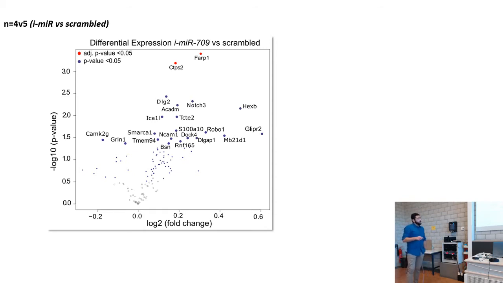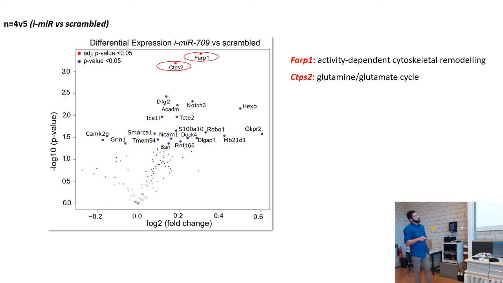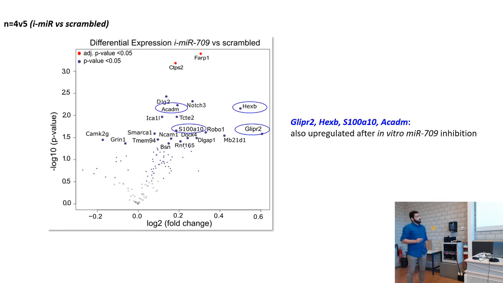So we tested these 111 genes that we found in the RNA-seq. And what we saw is that only 2 of these genes were significantly differentially regulated in the cortex. But what was also important was that several genes that we already found upregulated in vitro seemed also to be upregulated in vivo.